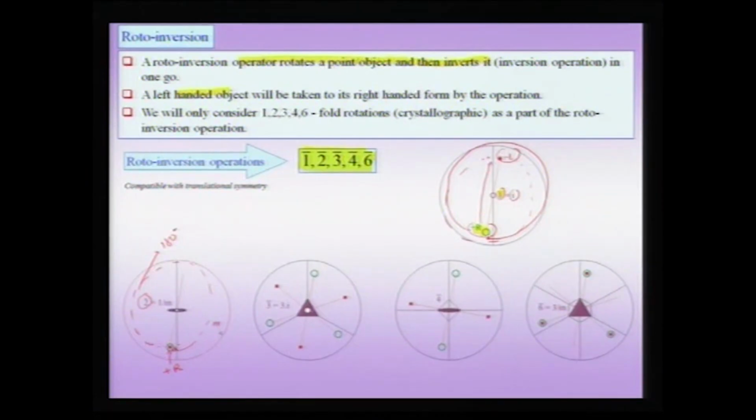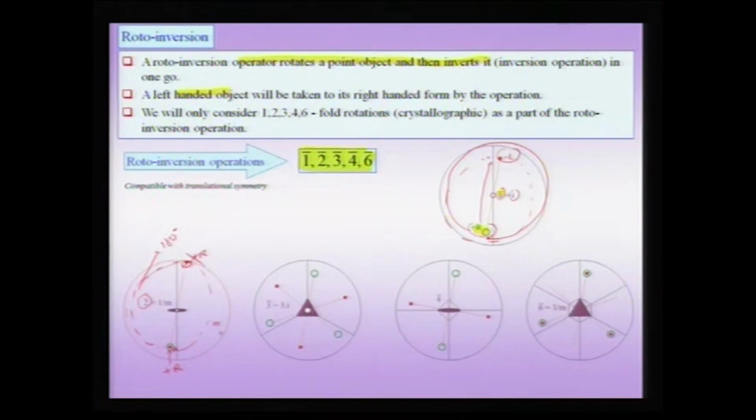No, sorry, I made a mistake here. So, what I will do is I will start with the green circle, I will go and rotate and come to a point which is 180 degrees apart, and I will land up with a green circle which is above the plane of the board. So, I have performed my 180 degree rotation, but I will not leave this point here.